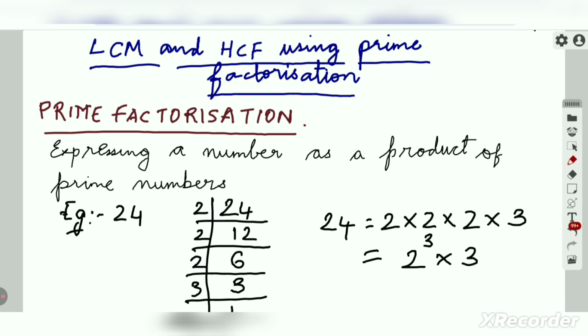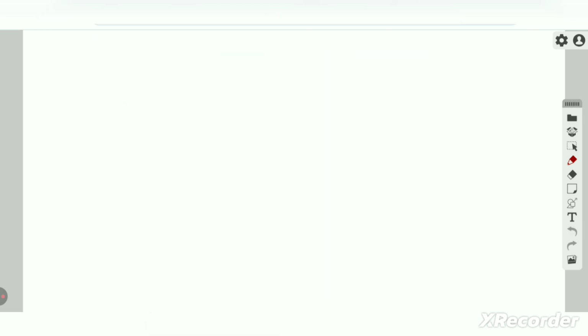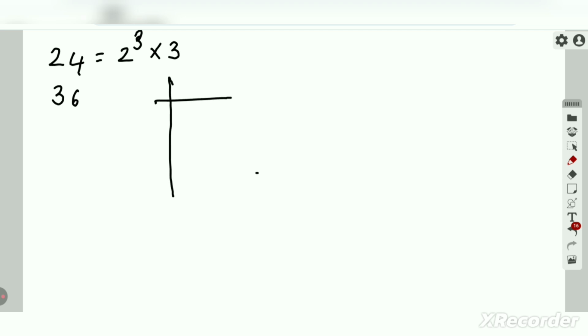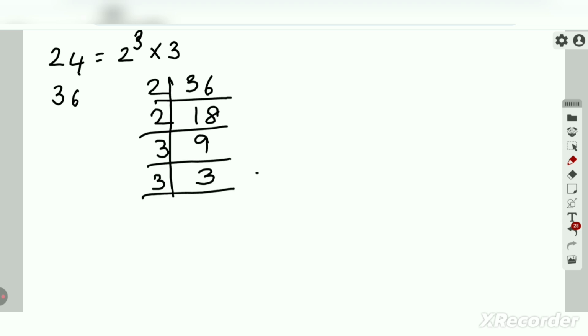So now let us take another example. Let us take two numbers. Now we have got that 24 can be expressed as 2 cube into 3. Let me take 36. 36 can be written as how much? 2 18s are 36, 2 9s are 18, 3 3s are 9, 3 1s are 3. So till you get 1, you'll do it.